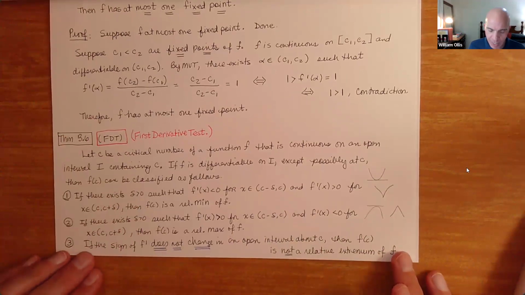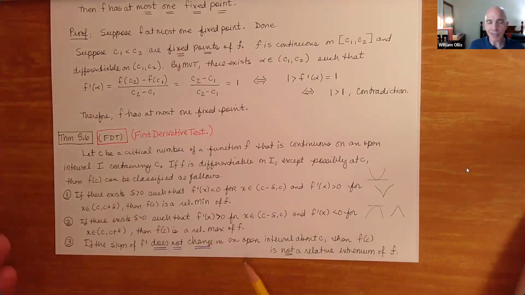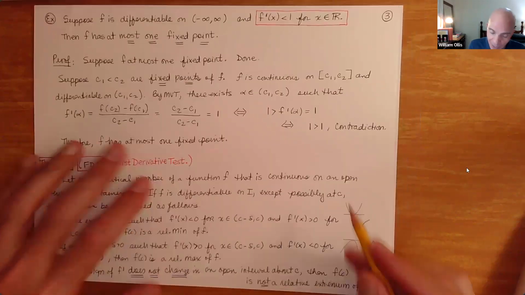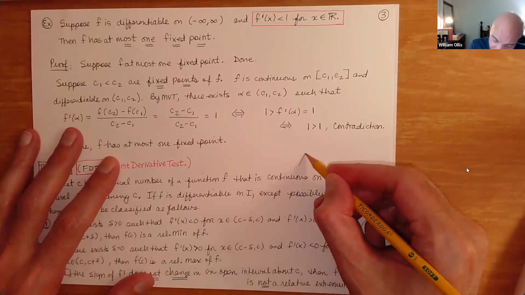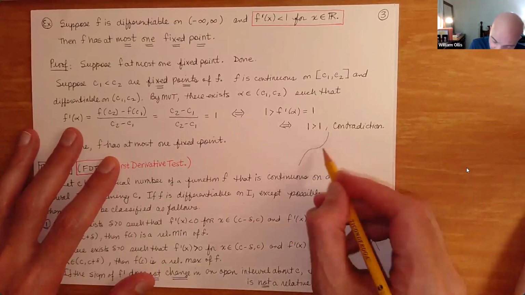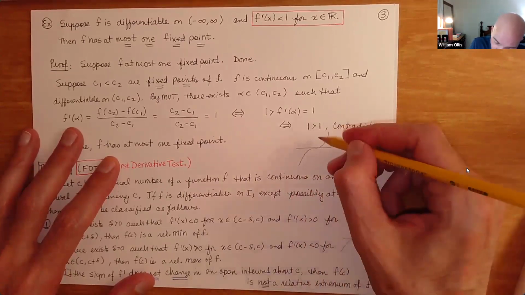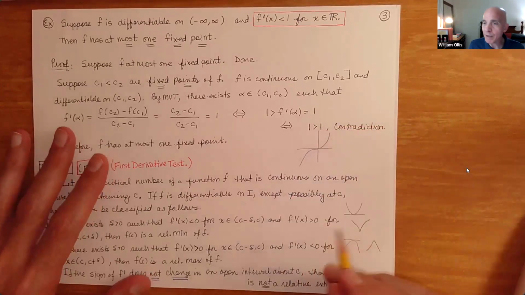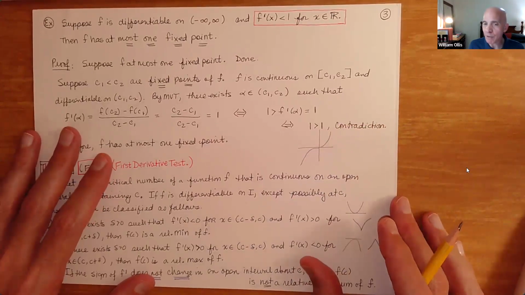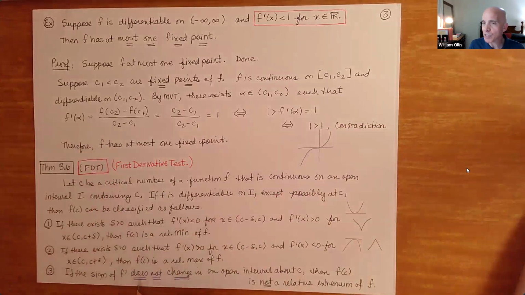Now, of course, this part 3 is like, well, do we really have to say this? Well, if the sign doesn't change, then you don't have a relative extremum. So we think about our favorite example. What's our favorite example? The cubic function, right? It has the 0 derivative, the horizontal tangent, but the function increases throughout its domain.